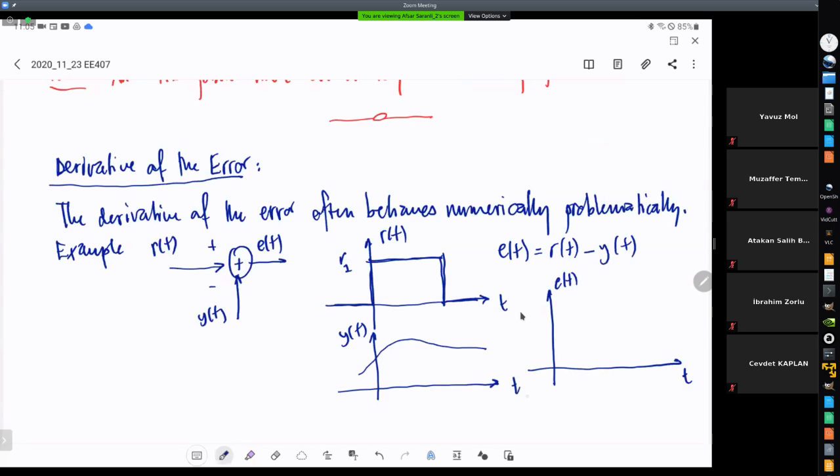It's going to start with a signal like this, and then r of t will go to r1, so it's going to jump to some value. And then it will continue, and then it's going to jump back, somewhere here, and then continue. So there will be discontinuities.